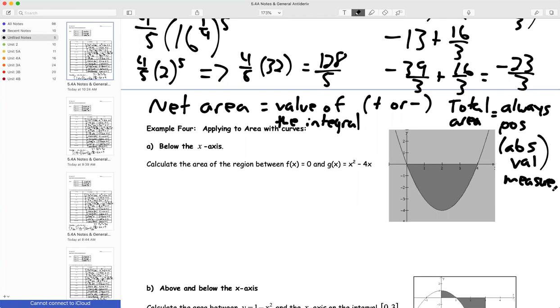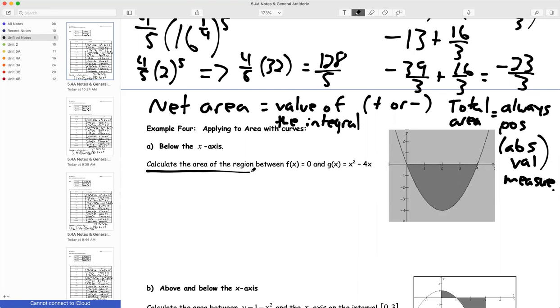Okay, but if we are measuring square footage, for example, that is total area and that has to be positive. If we are talking about a business, gains and losses, did they make money or did they lose money? Well, that can be positive or that could be negative. That's like net area.